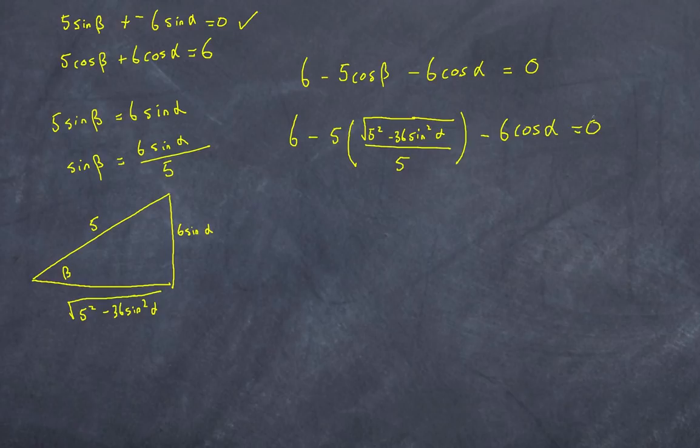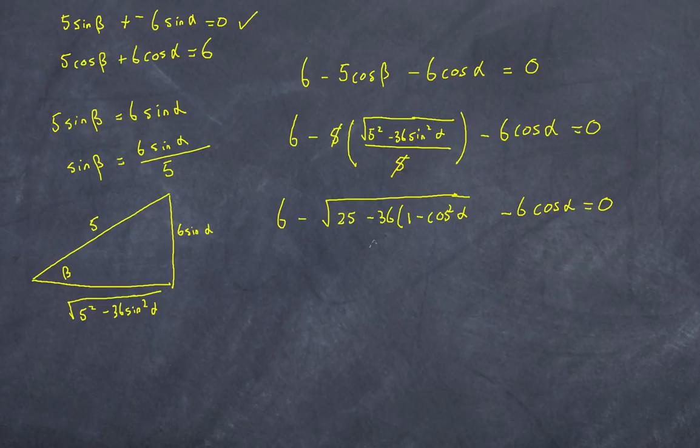And of course that equals 0. So this 5 cancels out with this 5, and sine squared alpha is 1 minus cos squared alpha. So now we have 6 minus the square root of 25 minus 36 outside of 1 minus cos squared alpha, minus 6 cos alpha, and that is equal to 0.